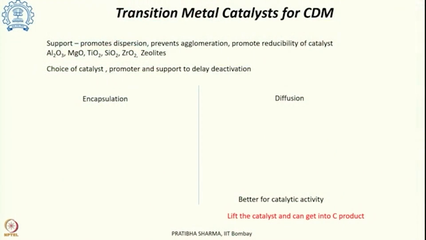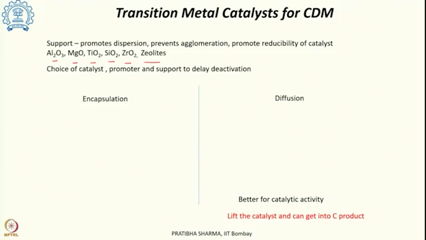So, that is the active site of the catalyst. So, the support can promote the reducibility of the catalyst. Various support materials have been seen as very promising, like alumina, magnesium oxide, titania TiO2, SiO2, ZrO2 and the zeolites.